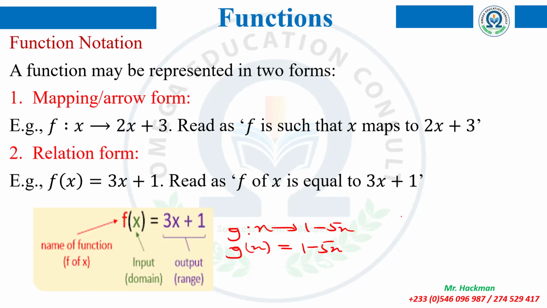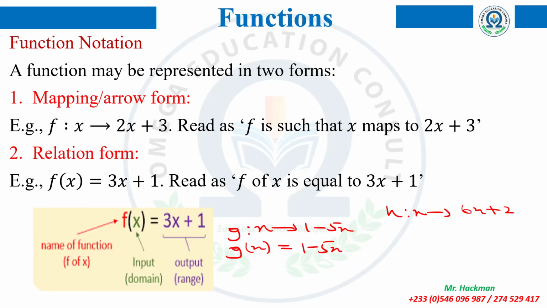So let me see if indeed you have understood. I'll write one more, then call one of you to give the corresponding relation form. So h is such that x maps to 6x plus 2. Let's go.